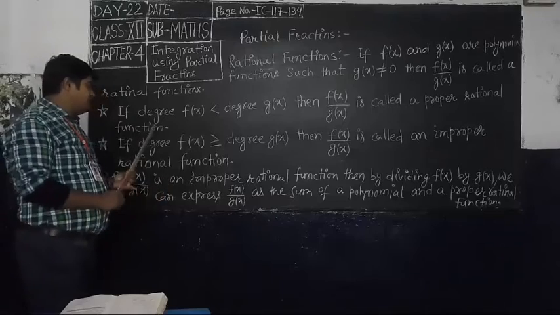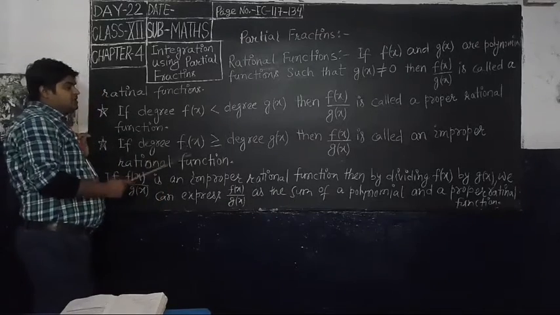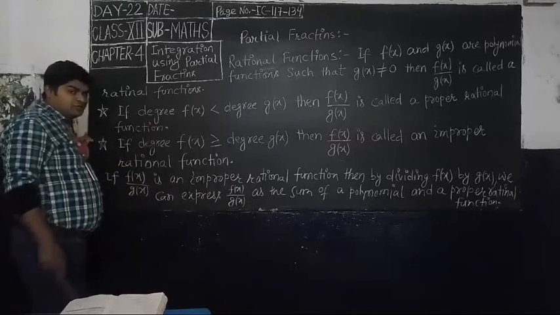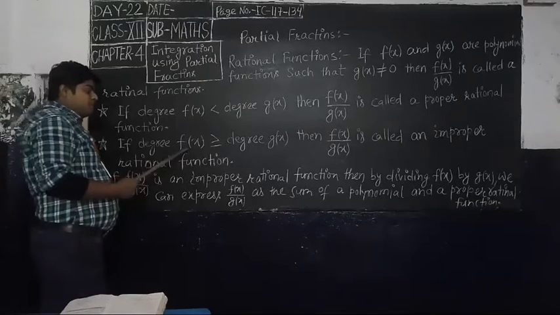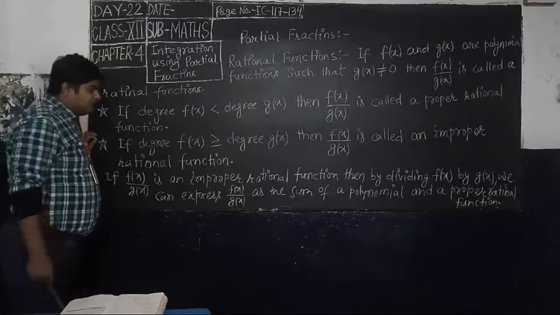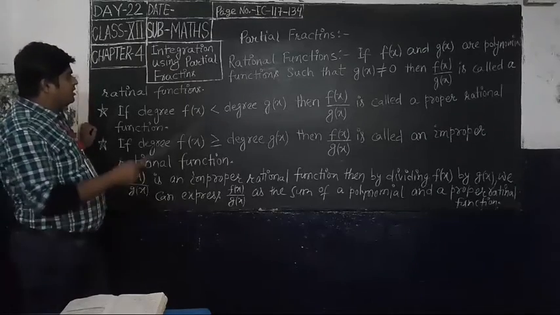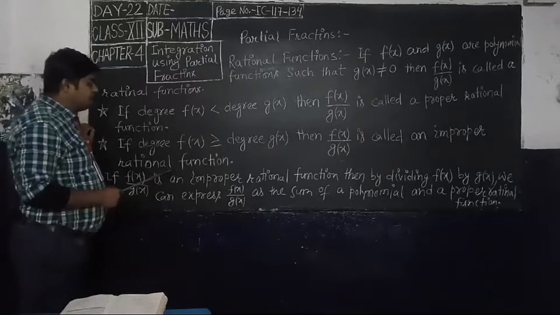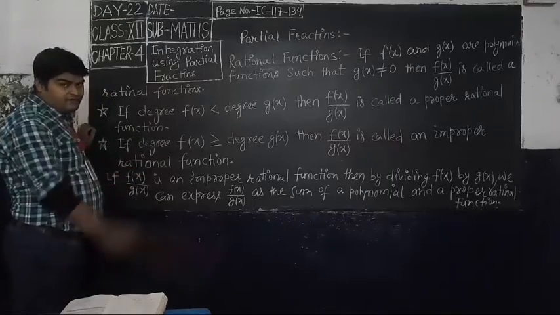For example, when a cubic polynomial is divided by another cubic polynomial, or by a quadratic polynomial, such a rational function is known as an improper rational function.